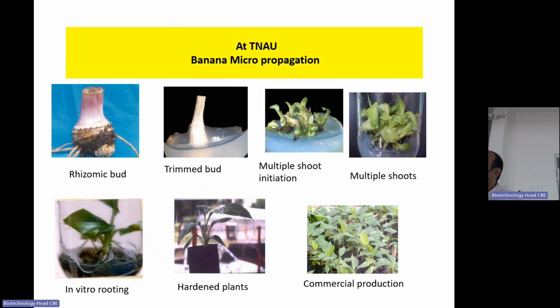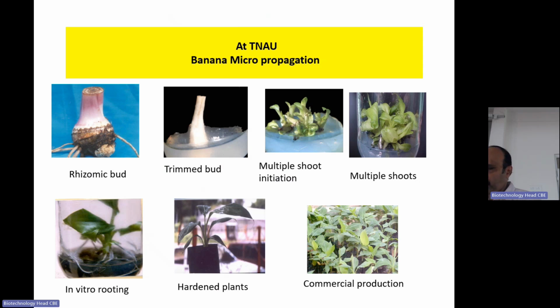If you compress this entire stem into a round ball, all these nodes will also be compressed. The entire thing will be compressed into a very small structure, with all those nodes and internodes compressed. So when we cut all this, whatever we get, the pseudostem, is the extension of all those nodes. Just as a leaf comes from a node, that will be the petiole that forms the pseudostem, right?